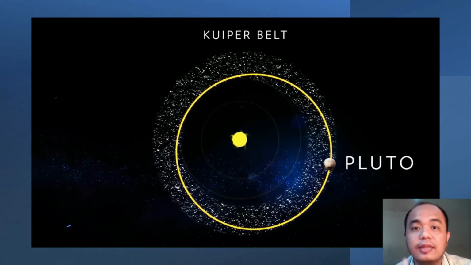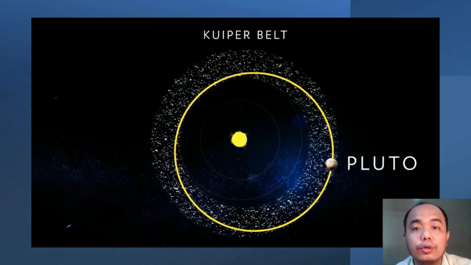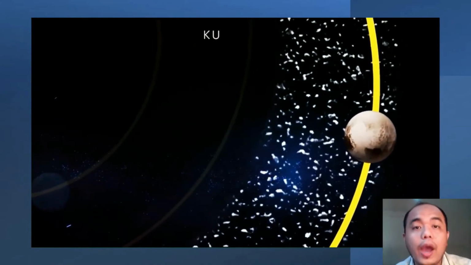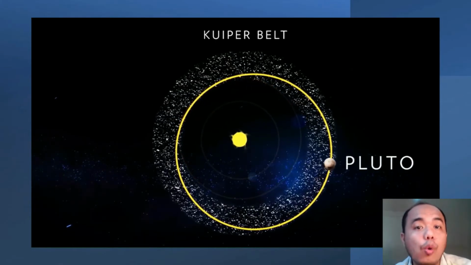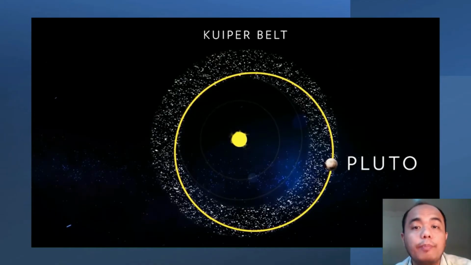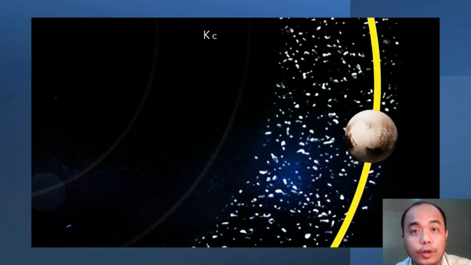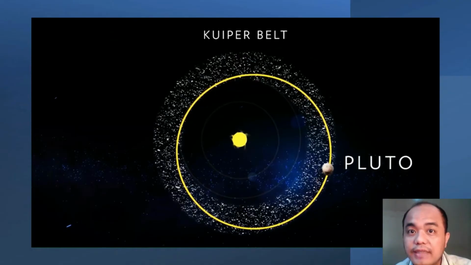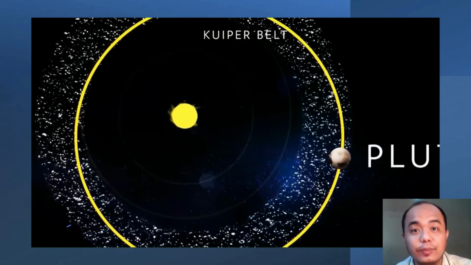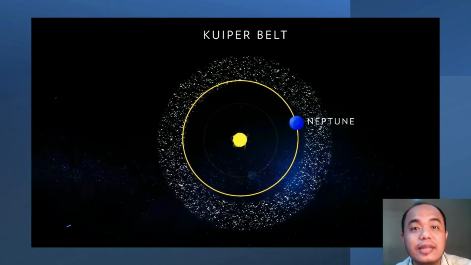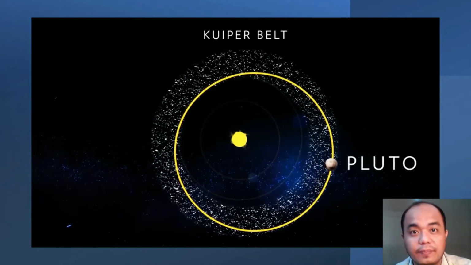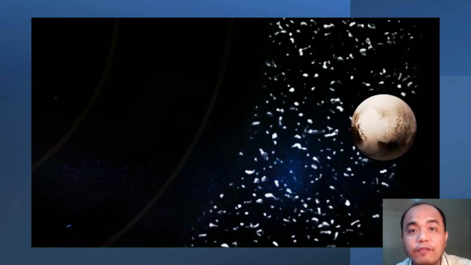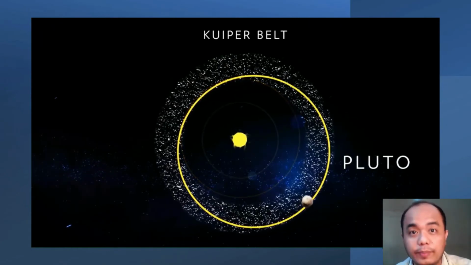This means that the planet has to cruise its orbit while consuming or throwing away smaller objects in its orbit path. Considering its size, kasi maliit nga si Pluto, Pluto is not big enough to clear its neighborhood properly. Walang kakayahan si Pluto na i-clear out everything on its orbit. No?